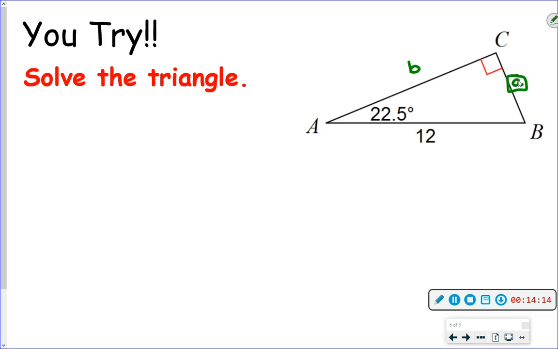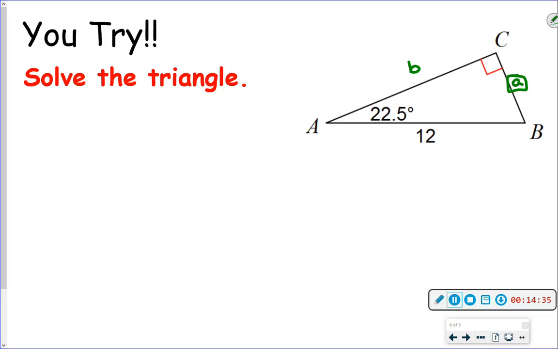You don't have a 30, 60, 90, or 45, 45, 90. So you're using SOH-CAH-TOA. So figure out which side is adjacent, opposite, or hypotenuse. Do your trig ratio. I'm going to give you a few seconds to identify the sides and label them.